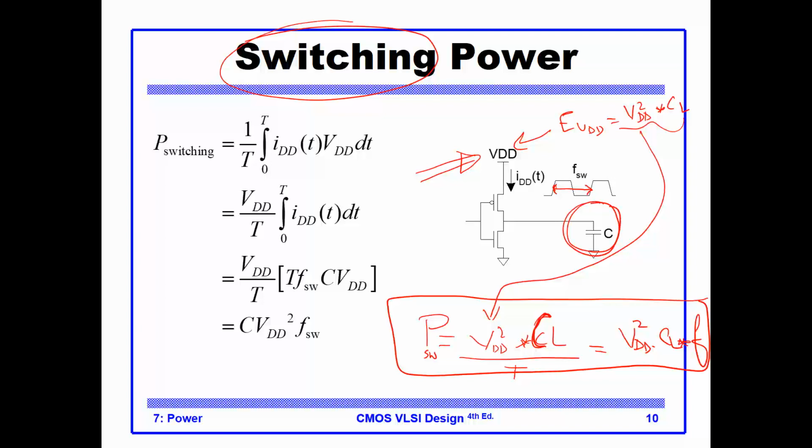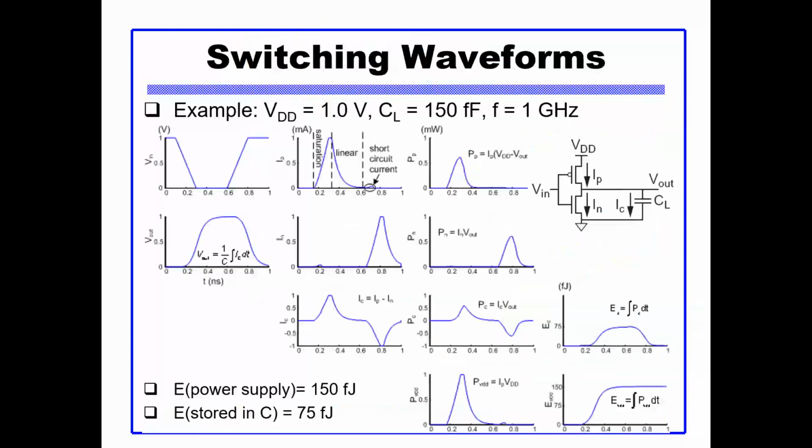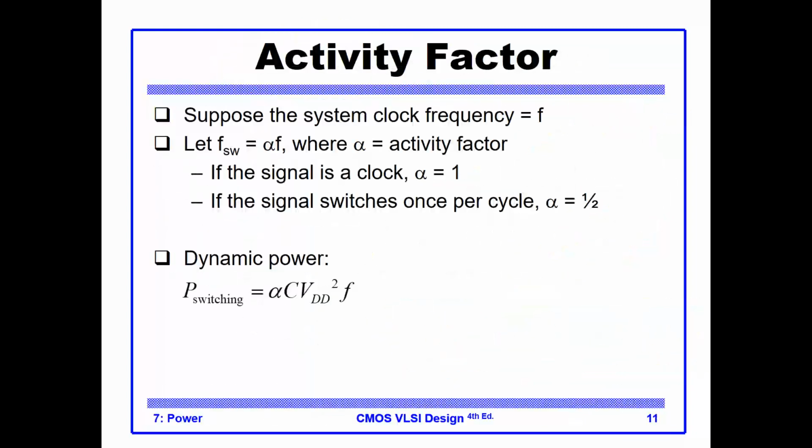But there is a condition, which is that we charge and discharge this capacitance every clock. This seems to be a very strong condition for most of the nodes in the design. It is true for the clock node, though, but not for all the nodes. And that is why we say, wait a second, not all the nodes are charging and discharging all the time in the system. So we need some kind of activity factor. This activity factor is set to one for signals that are active, like the clock signal, but signals that are not active will have less activity.